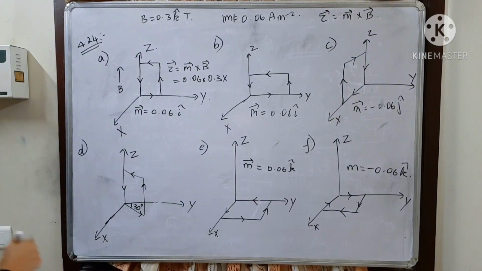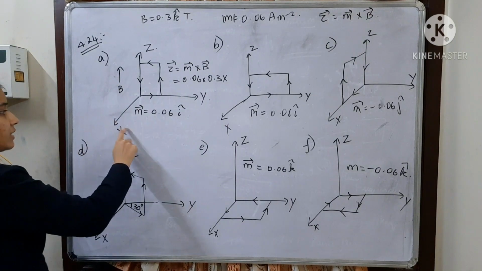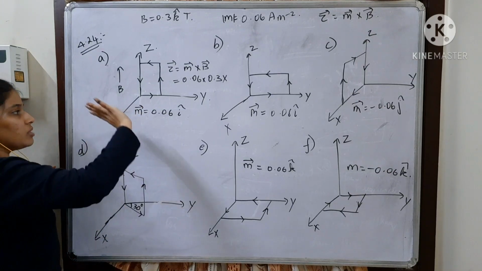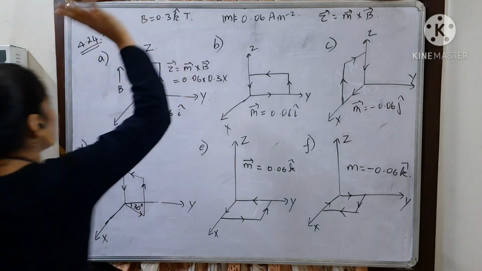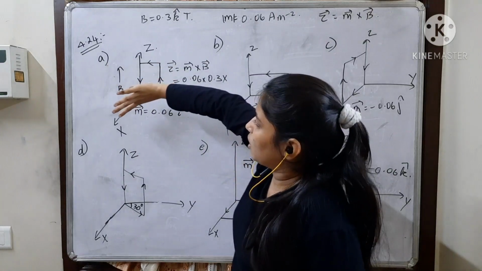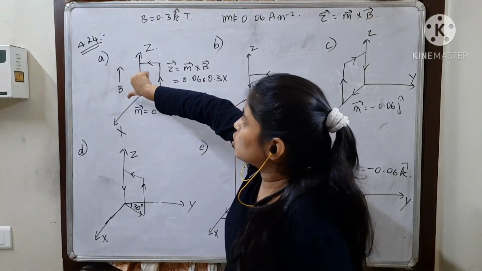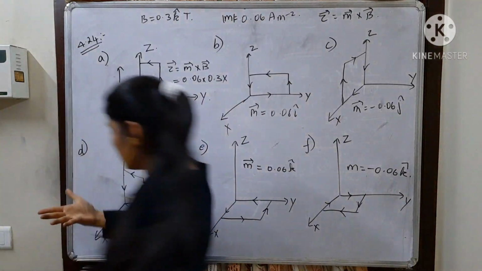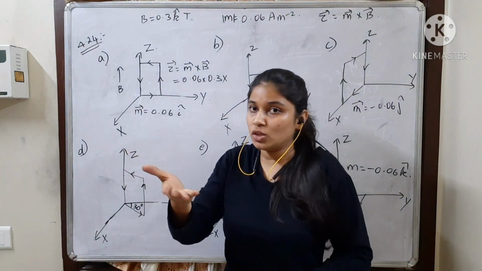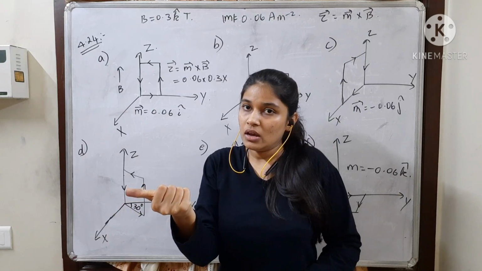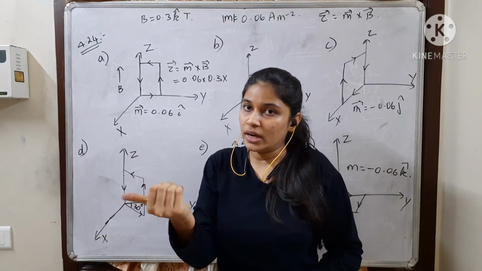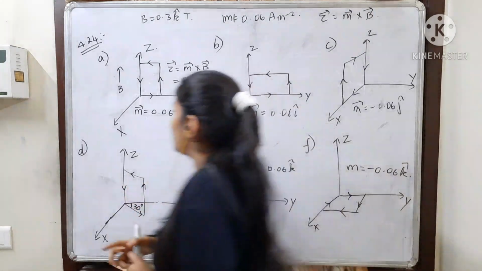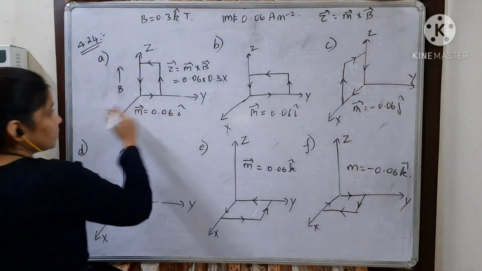What is I cross k? I is the x-axis. You have to fold the fingers like this and then cross from the x-axis. The x-axis is towards you, so you are crossing towards the z-axis. So x to z, it is along the negative y-axis.